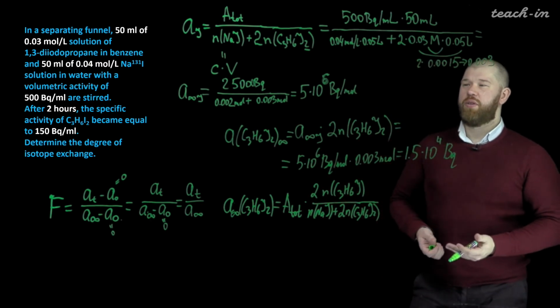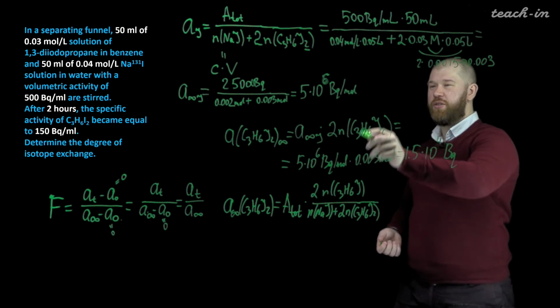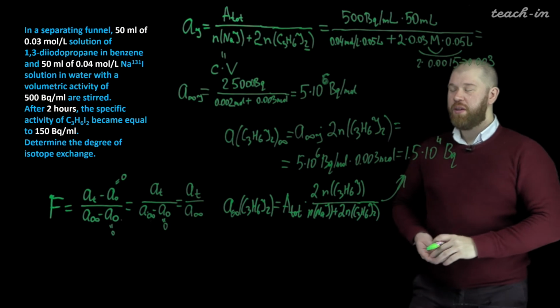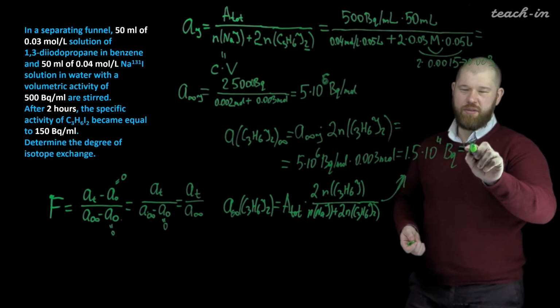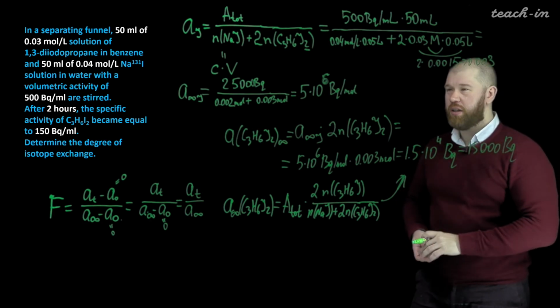So all the equations will be the same, and I would get the same number. And let's write it in maybe an easier way. So it will be 15,000 becquerels.